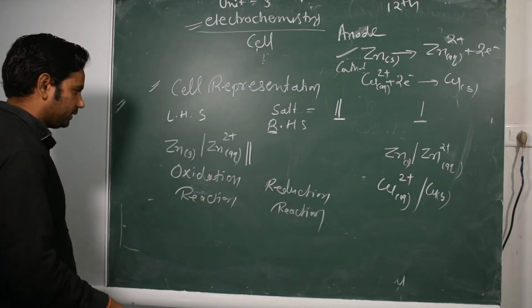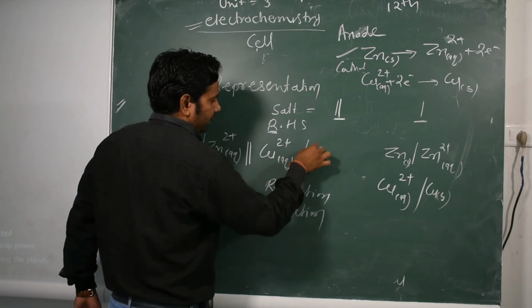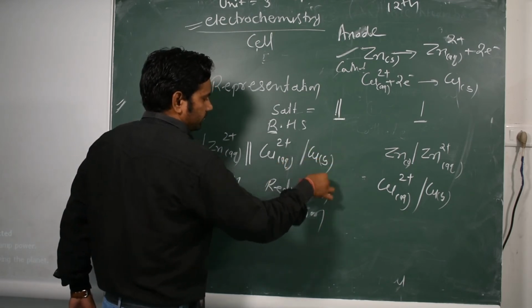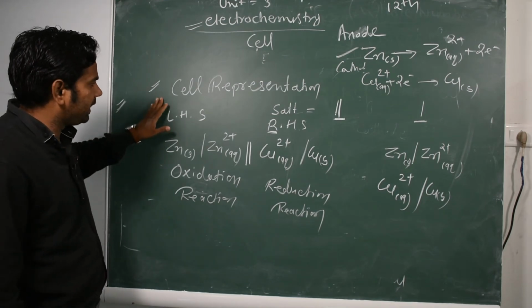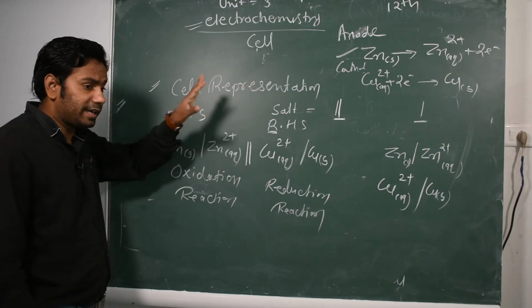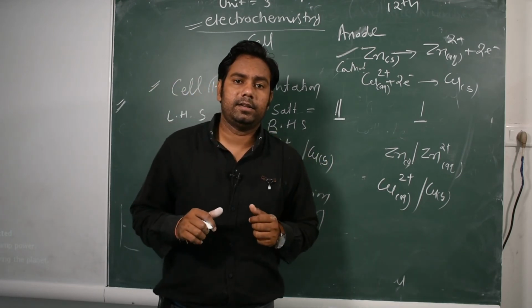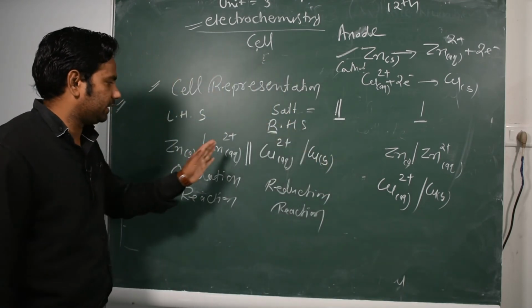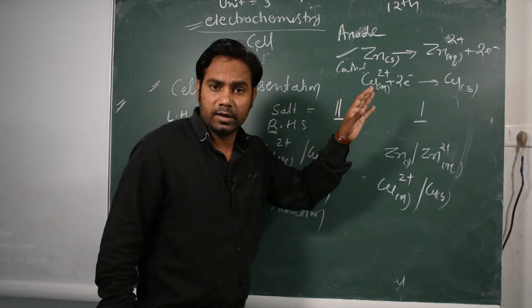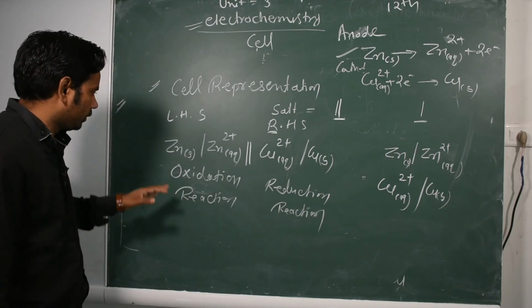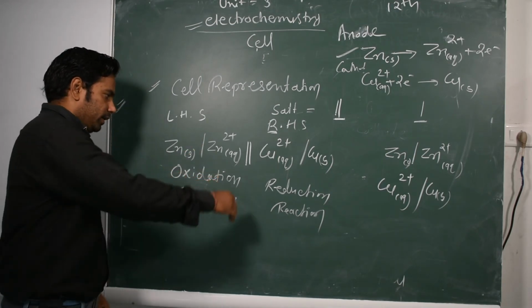This is the reduction. This is called cell representation. We use it because drawing the cell instrument diagram consumes a lot of time.